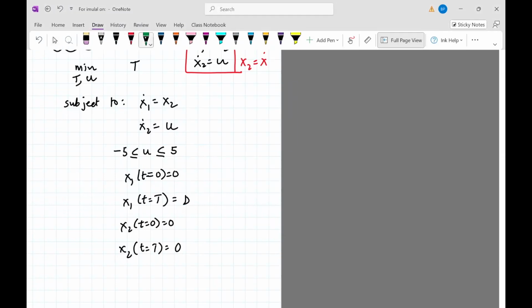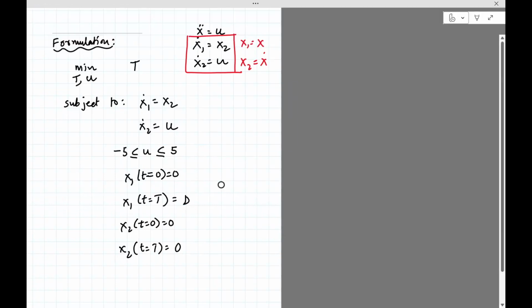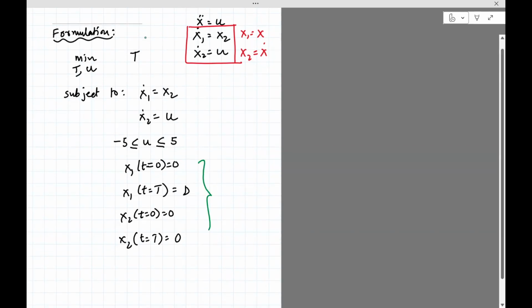Okay, if you want, we can identify these constraints. What else? Well, these are all constraints. They're actually equality constraints. We also have equality constraints here.